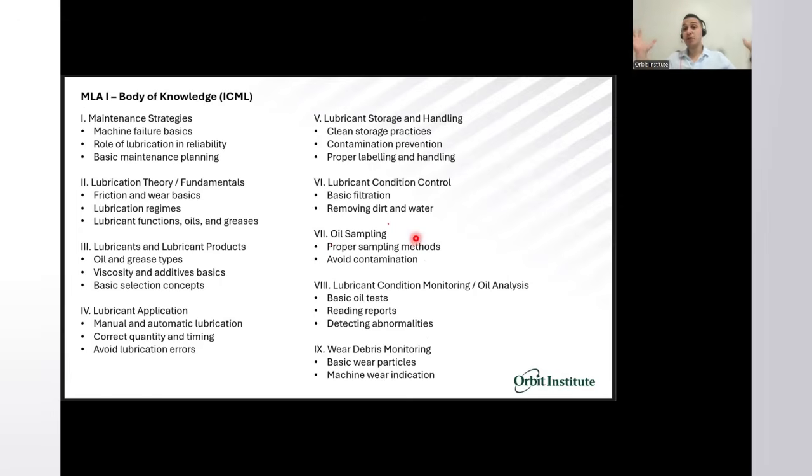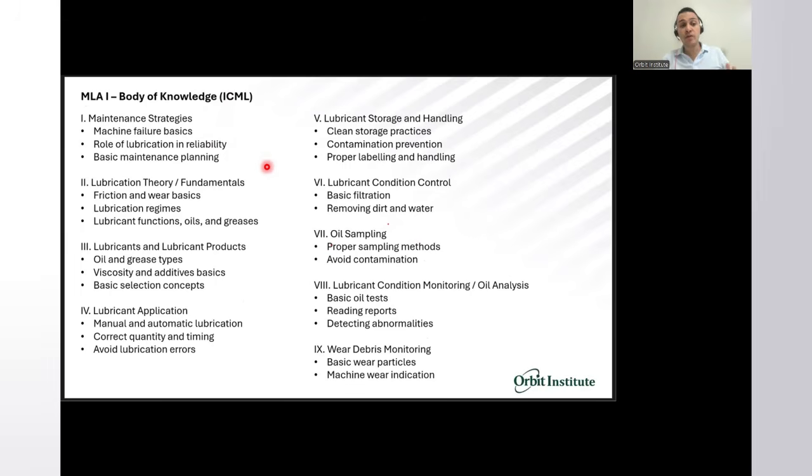So now this is the body of knowledge of Machinery Lubrication Analyst level 1, for people who don't know what this course covers. First, it talks about maintenance strategies, machine failure basics, the role of lubrication and reliability, basic maintenance planning, and so on.